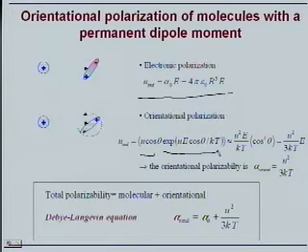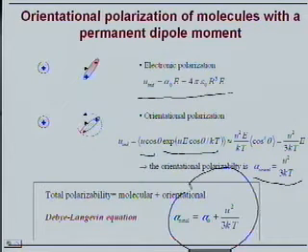You are going to find out that you have the equivalent of an orientational polarizability, which is equal to the dipole moment squared divided by 3 times kT. And because this again has the same dimension as polarizability, you can say that the polarizability of any molecule, atom, or particle is going to be equal to the electronic polarizability plus the orientational polarizability.